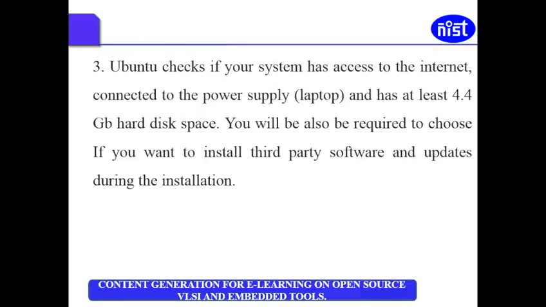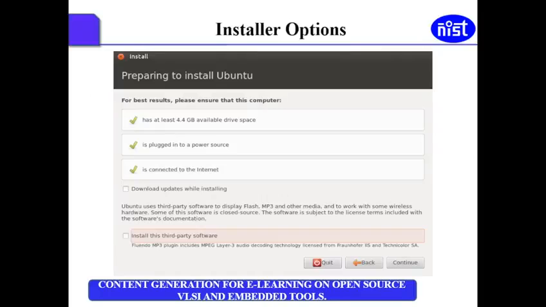After doing this, Ubuntu checks whether the system has access to an internet connection, whether it is connected to the internet or not, and all other requirements, like whether it has at least 4.4 GB of hard disk space available for the operating system or not, and whether you want to install third-party software and updates during the installation.